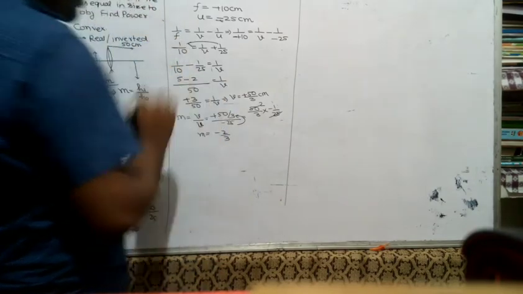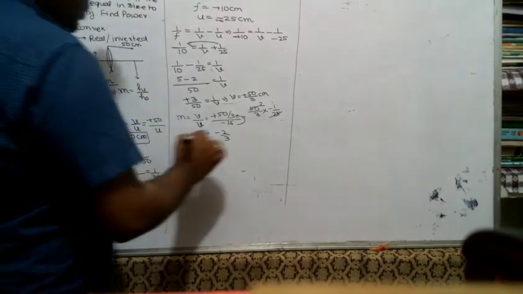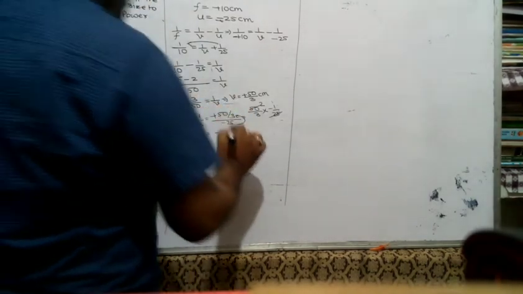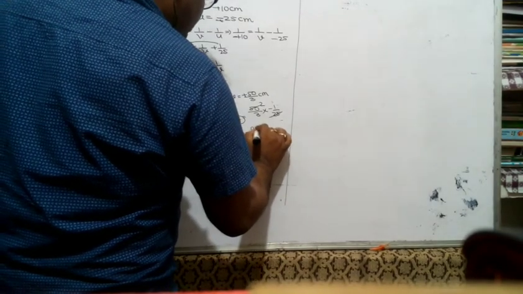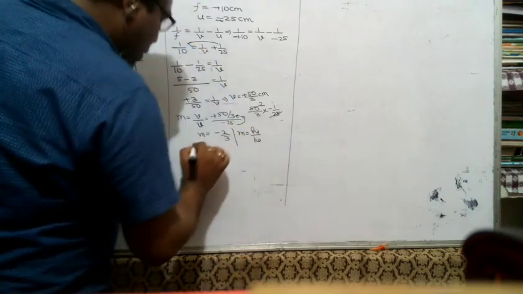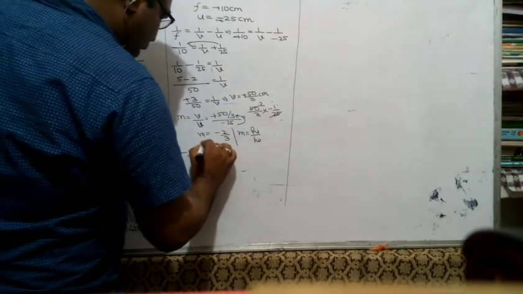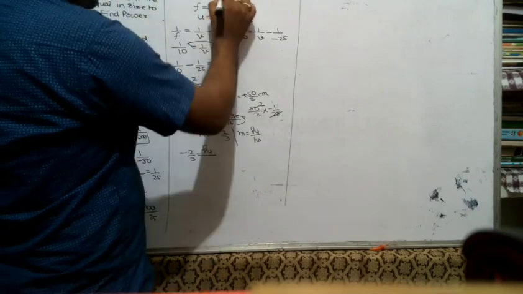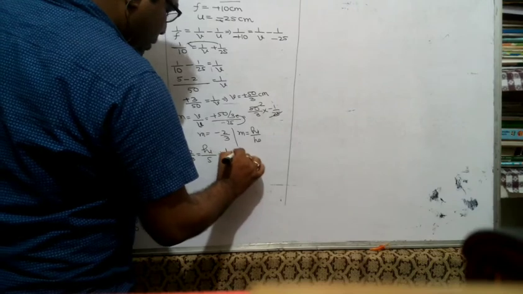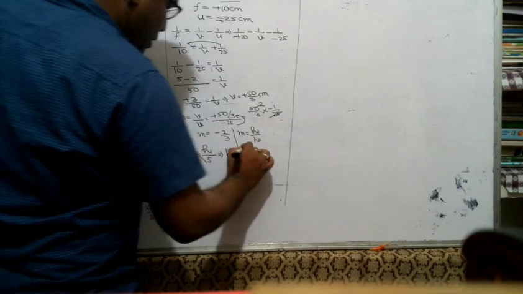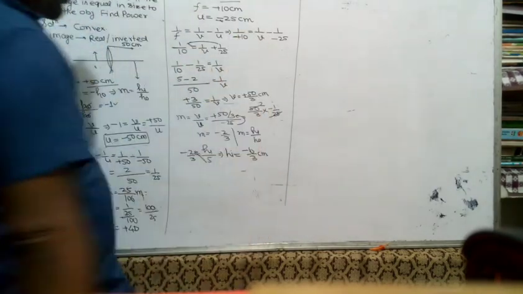So m is equal to minus 2 by 3. Now height of the image, again use the formula m is equal to hi upon ho. In place of m, minus 2 by 3. Hi we have to calculate, and ho is 5. So from here hi is equal to, cross multiplication, minus 10 by 3 centimeter.